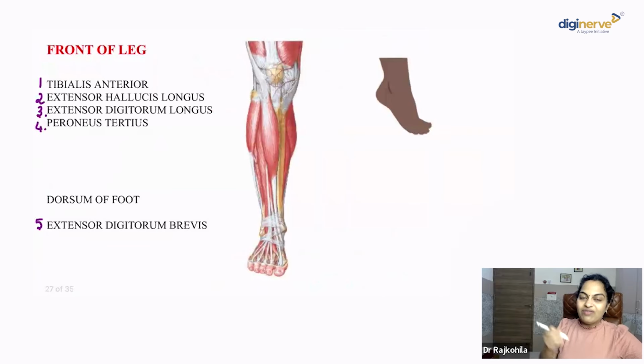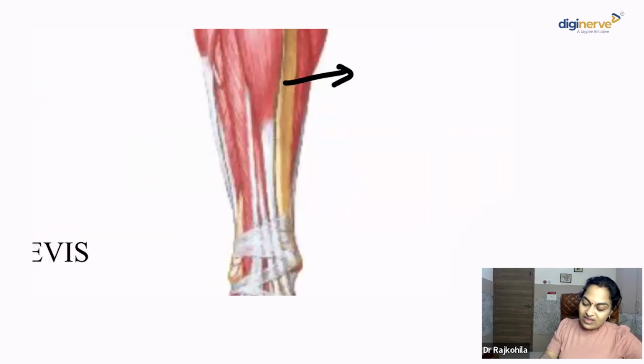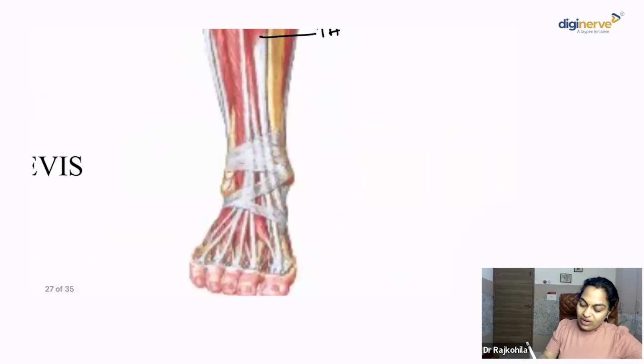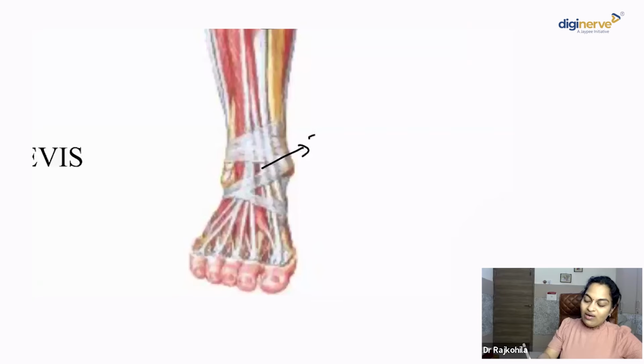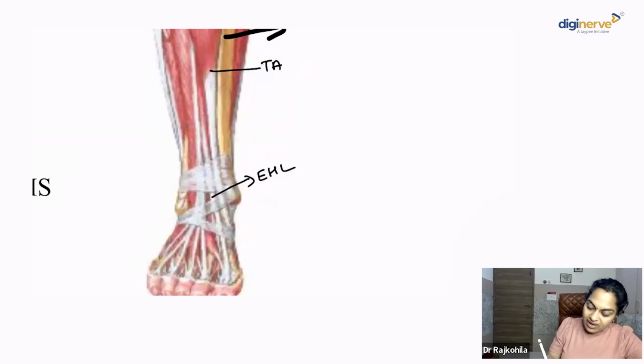Coming to the muscles in the front of the leg, you see the tibia here. Just next to it, this is the tibialis anterior, right? And this one going to the great toe is going to be the extensor hallucis longus, right?